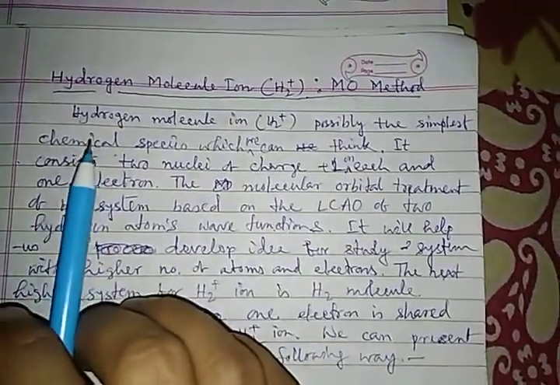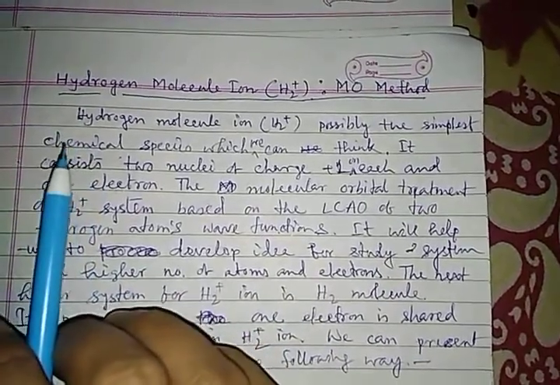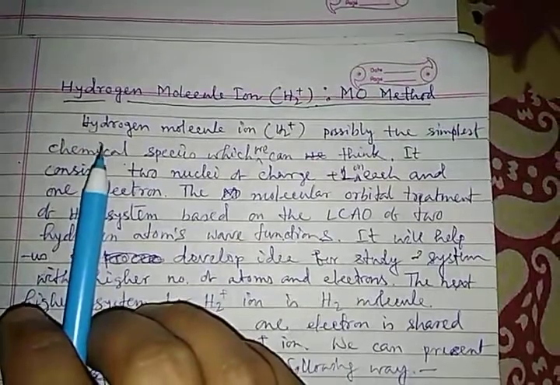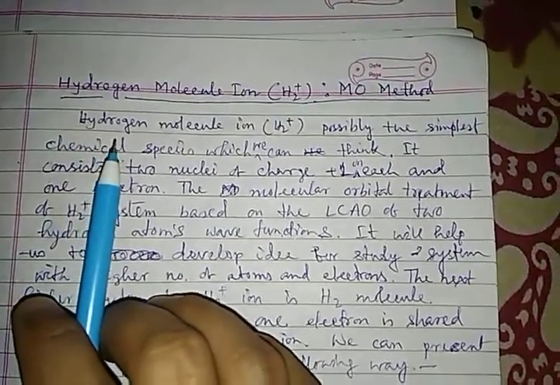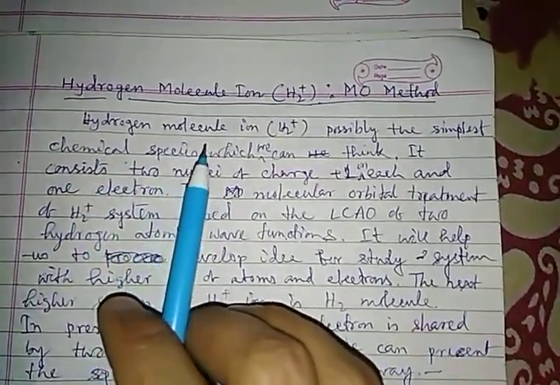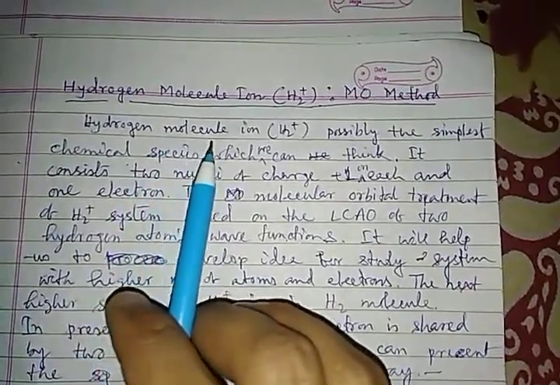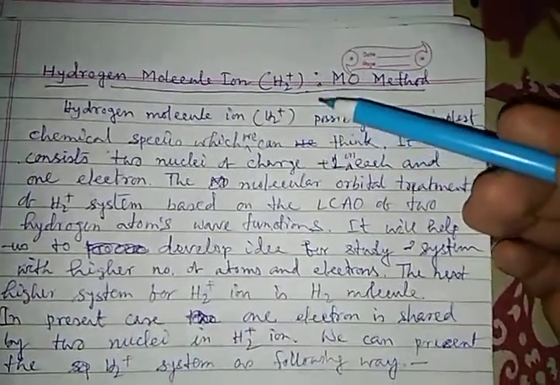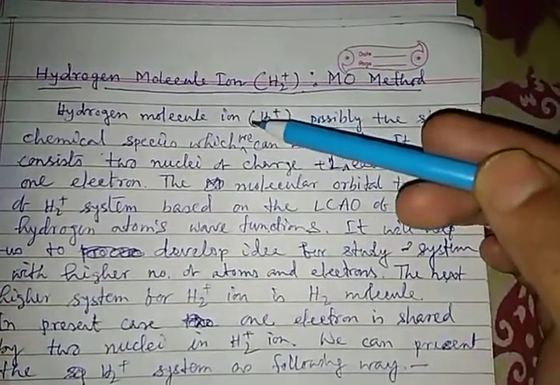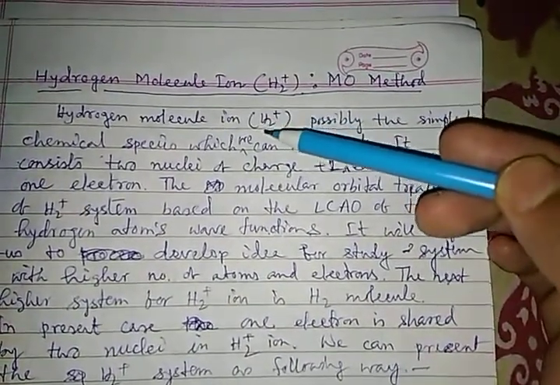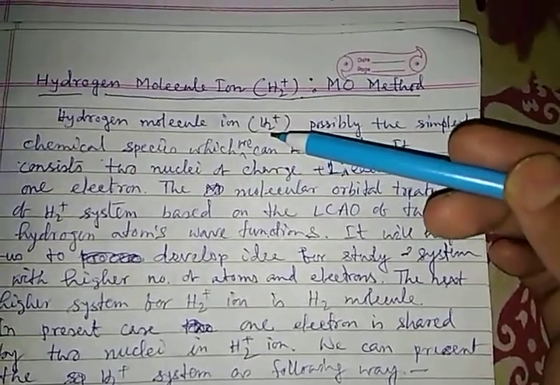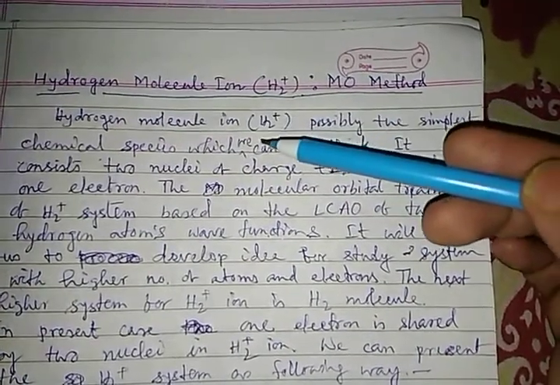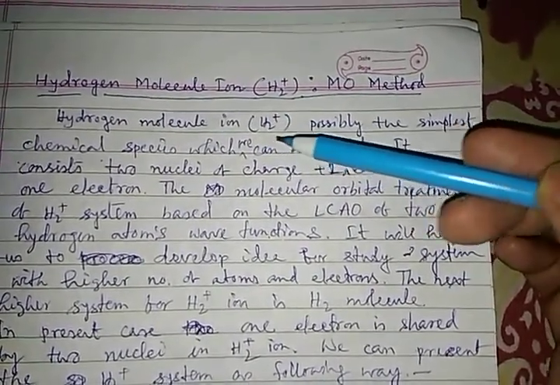Now, using the knowledge of this Born-Oppenheimer approximation, we are going to study some of the simplest molecular systems, and one such system is the hydrogen molecular ion, denoted as H2+. H2 is the hydrogen molecule. When we remove one electron from a hydrogen molecule, we get a cation, and this cation is the hydrogen molecular ion.